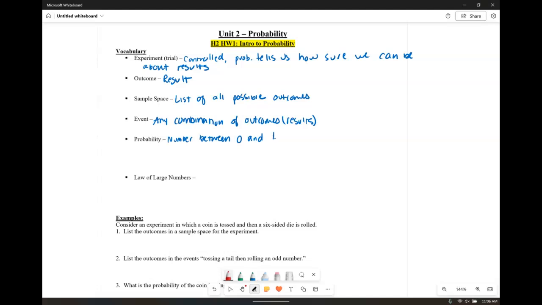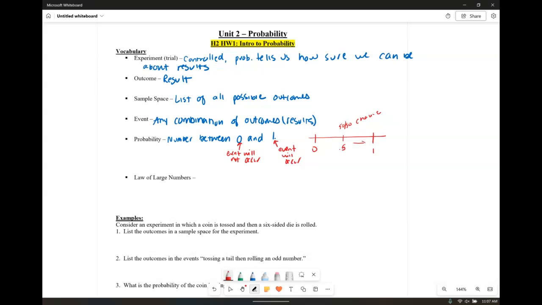If the probability is 0, that means the event will not occur. And if the probability is 1, that means the event will occur. Okay, and everything else is kind of on a little scale from 0 to 1. So if it's right in the middle, that's what we call a 50-50 chance.